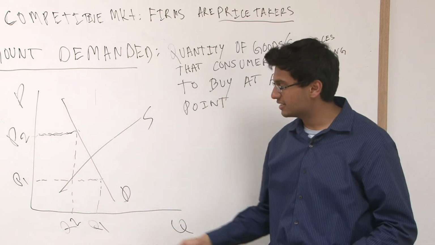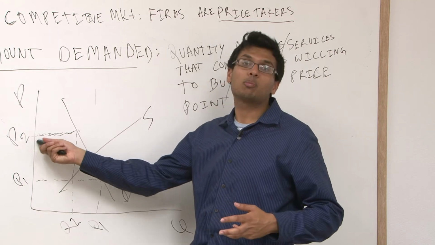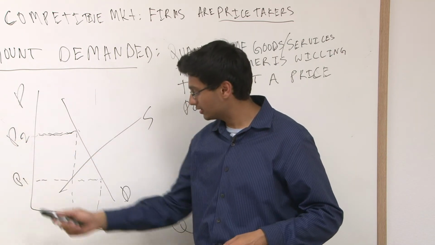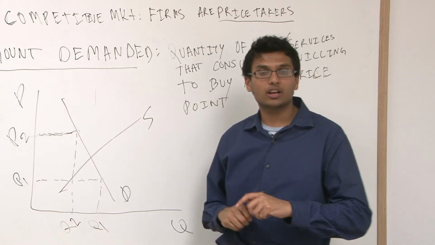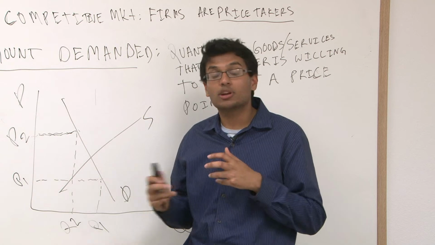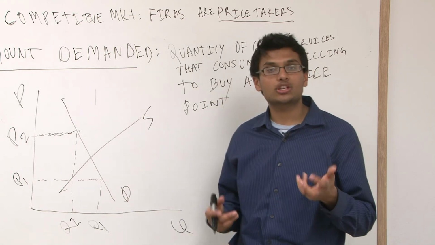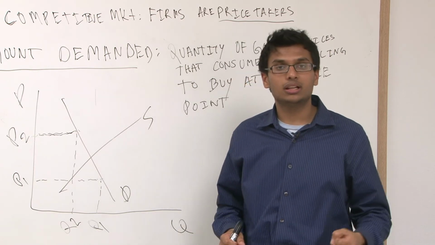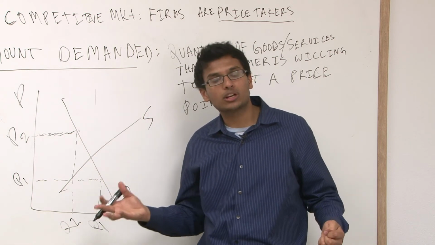What does that mean? It's the amount that these consumers are willing to buy at this particular price point. And notice, the higher the price, the less the amount demanded. Why? Because few people can afford something when the price is really high, but a lot of people can afford something whose price is low. If I charge, say for water, about $1 per bottle versus $10,000 per bottle, how many people do you think are willing to buy it for $10,000?